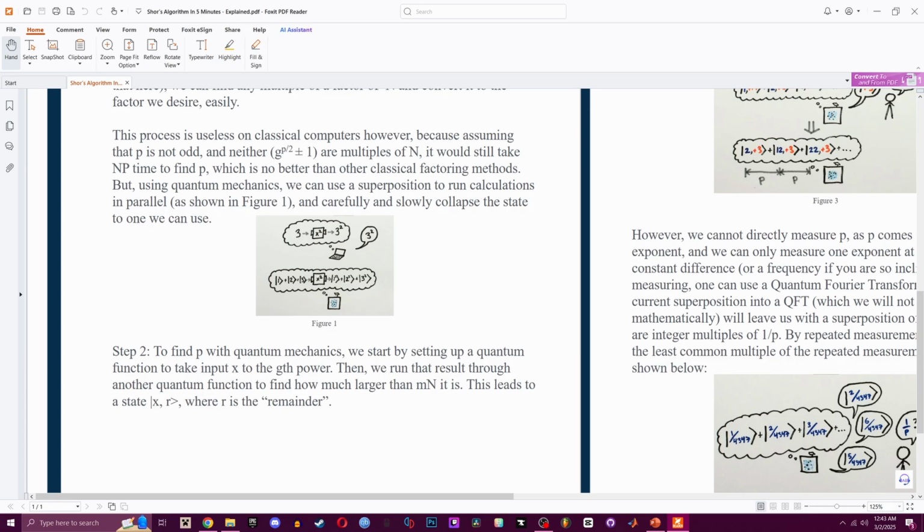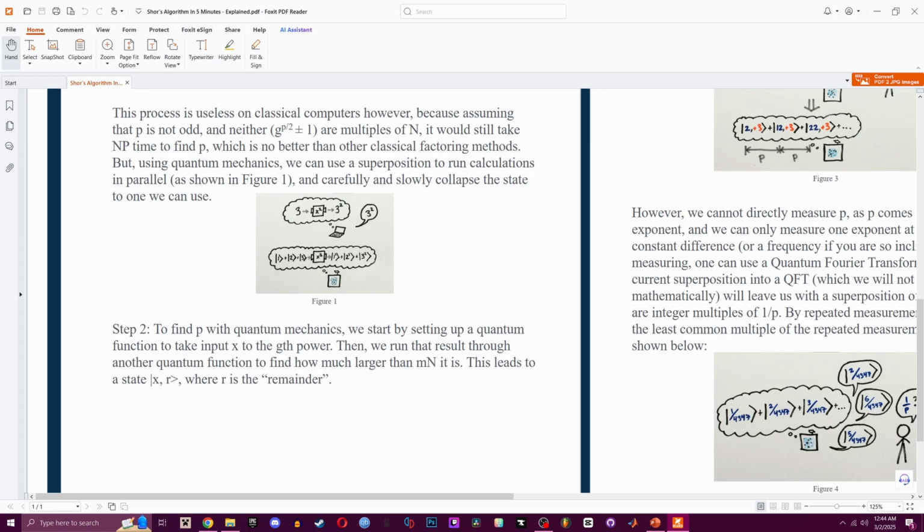This isn't super useful to us at first, because we can only measure one value out of the superposition at a time, and most of the time this is just going to end up being white noise. But as long as we carefully collapse the superposition in a way that gets rid of the stuff we don't want and keeps the stuff that we do, then we're going to be looking good.